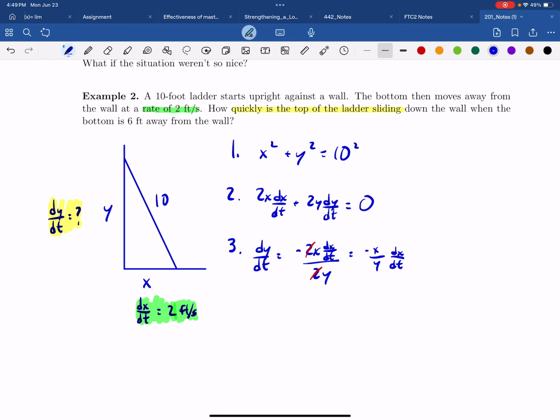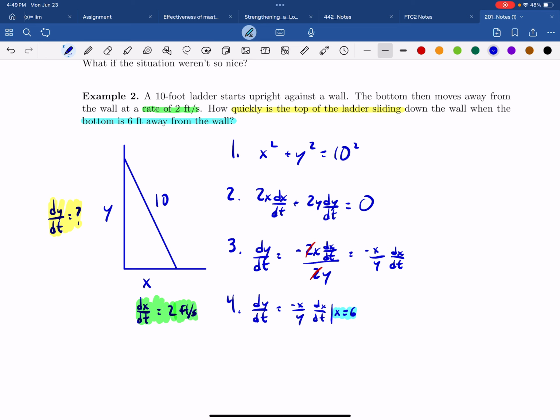Okay. Step 4. Plug in the known values. dy over dt equals negative x over y dx over dt. And we know that, well, what do we know? We know that x equals 6, right? How do we know that? Well, they gave that one to us. What about y?